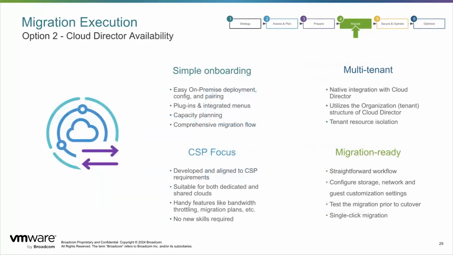Also, Cloud Director availability. I mentioned the important thing. It supports the Cloud Director multi-tenancy and org structure. So it is natively multi-tenant, and the different users can utilize the same Cloud Director availability instance without interfering with each other.